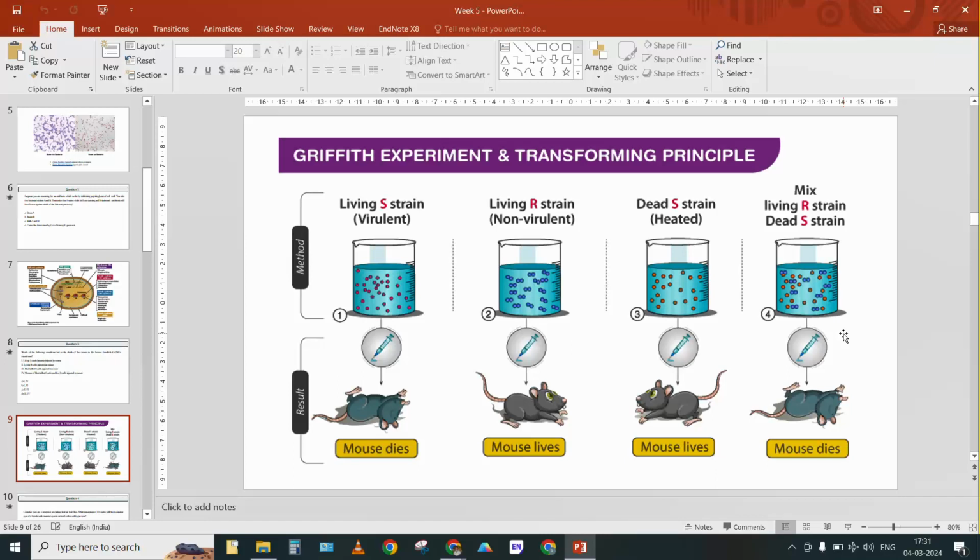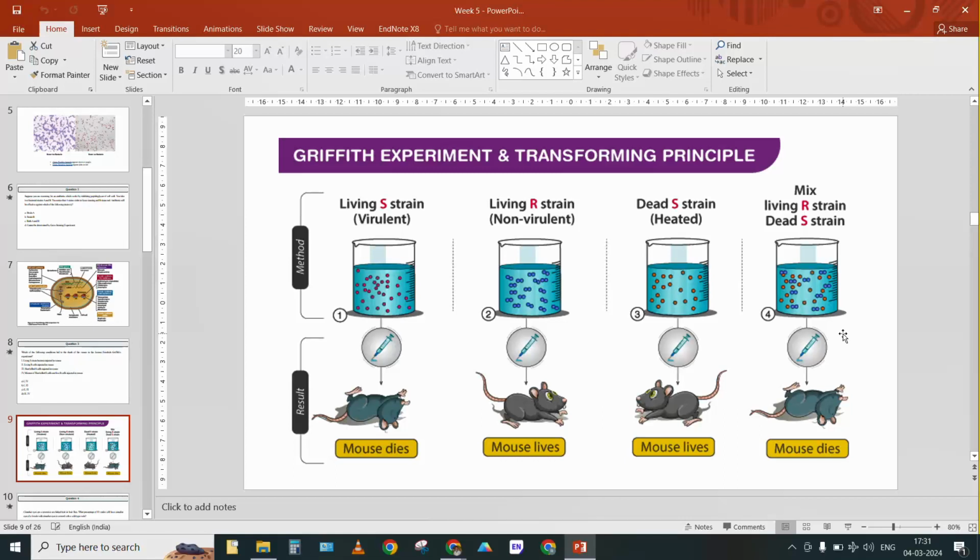During the experiment, Griffith cultured Streptococcus pneumoniae bacteria, which showed two patterns of growth. One culture plate consisted of smooth, shiny colonies, while the other consisted of rough colonies. The difference was due to the presence of a mucus coat in S strain bacteria, whereas the R strain bacteria lacked it.